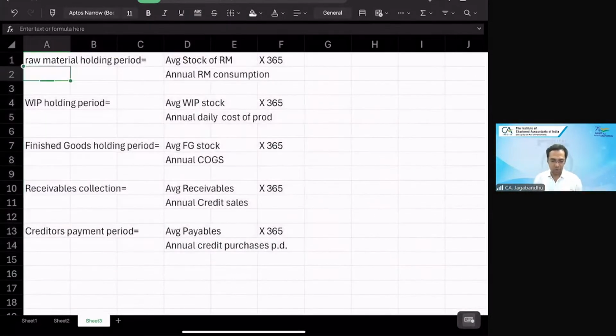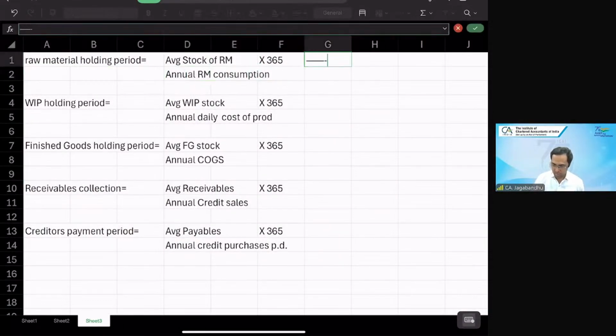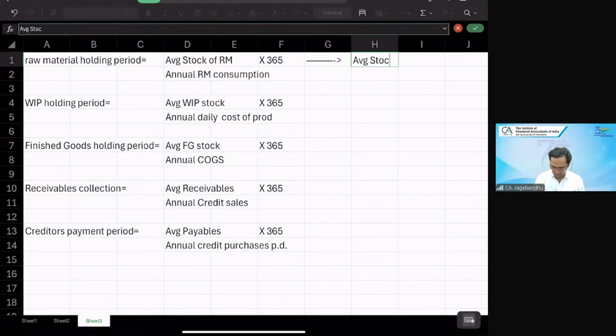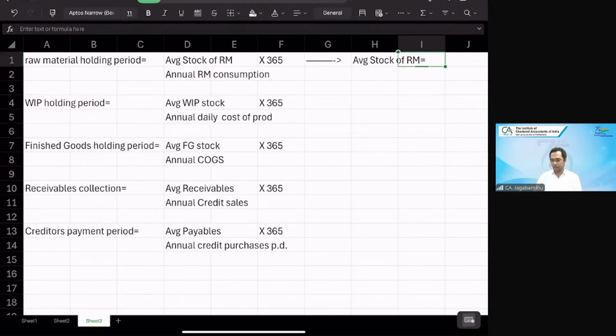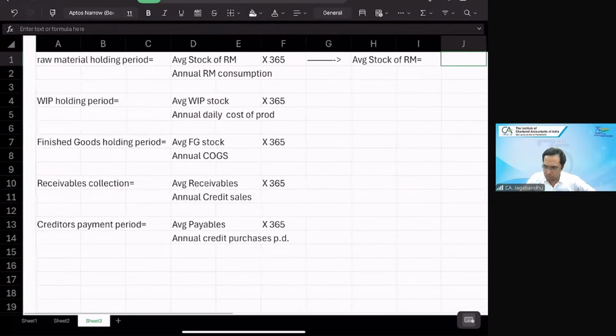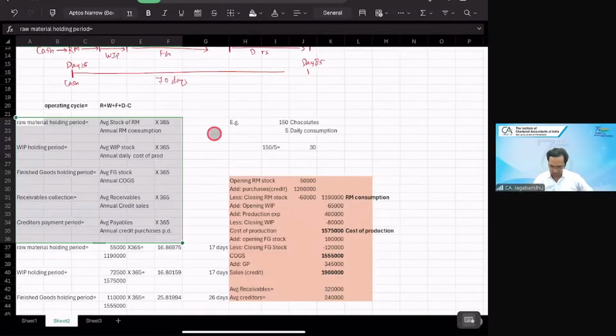See, raw material holding period is average stock of raw material upon annual raw material consumption into 365. So this simply implies, if I want the average stock of raw material, how do we compute that? I did it over here, right?